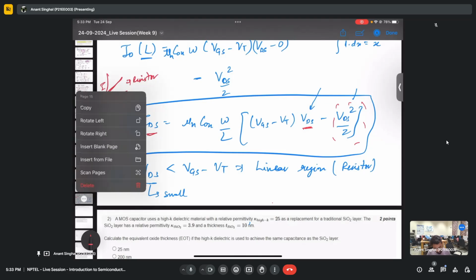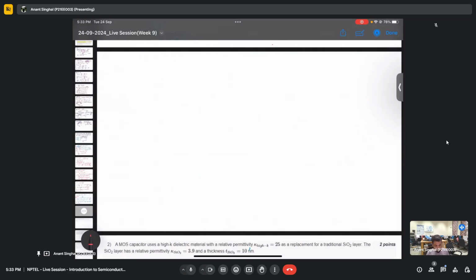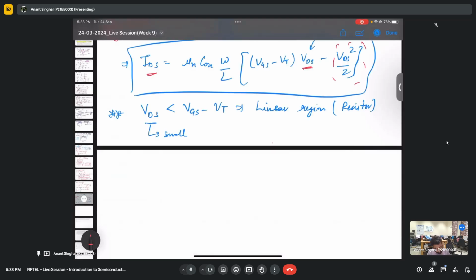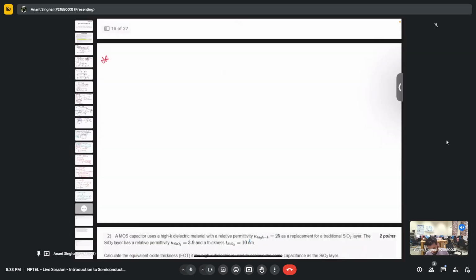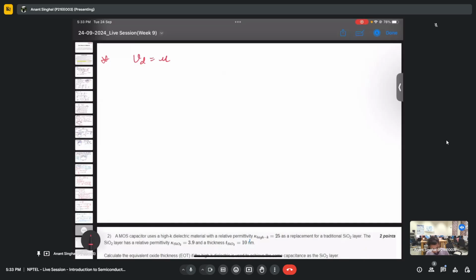Now we did two things that I guess we did not think much about before doing. The first thing was that while doing the derivation, we wrote VD as mu e. Do you remember this VD versus e curve?